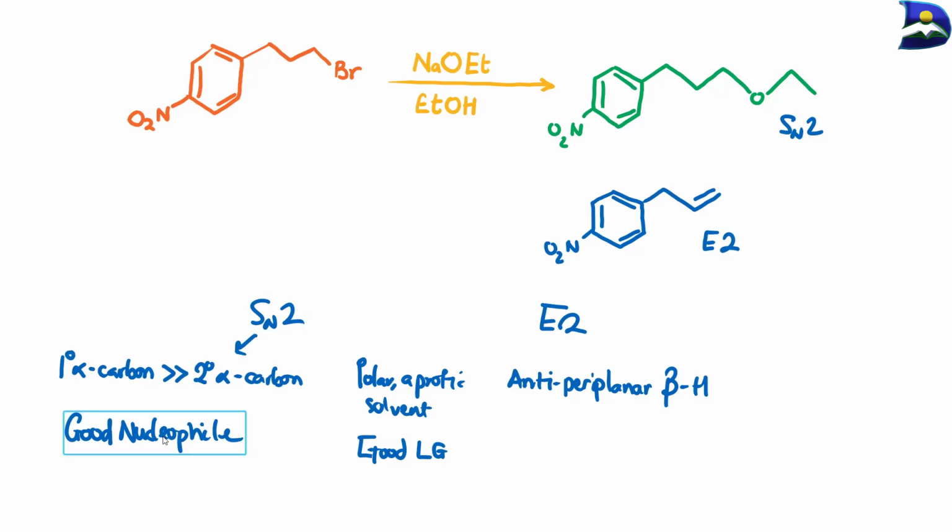Otherwise, you're going to be deprotonating a specific hydrogen, which you don't want for SN2 reaction. However, for E2 reaction, you need a strong base, and this is really important to facilitate the deprotonation of a carbon, which in this case is a beta carbon that has the hydrogen present that is anti-periplanar.